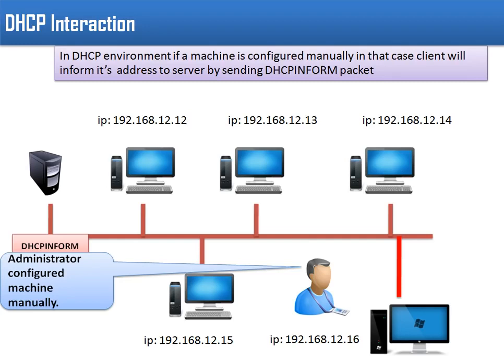So to keep the data storage at the DHCP server consistent, this node will send a DHCP inform message to inform the DHCP server that my configuration has been done manually, and the IP address given to me is 16. So please mark this IP address as unavailable.